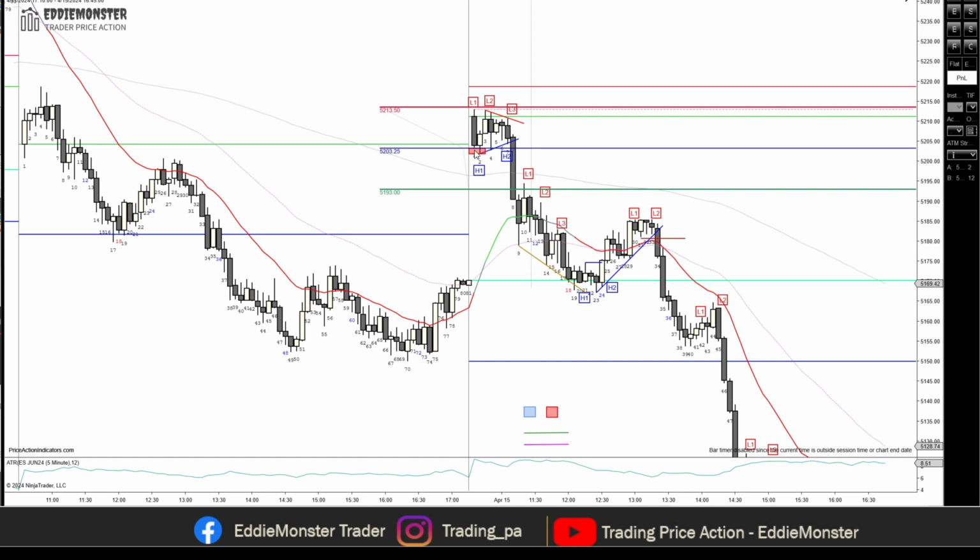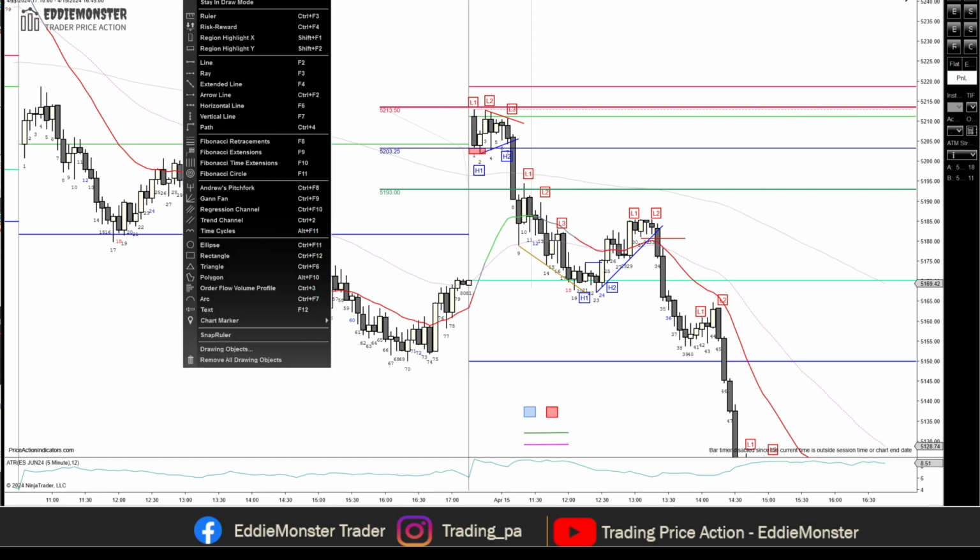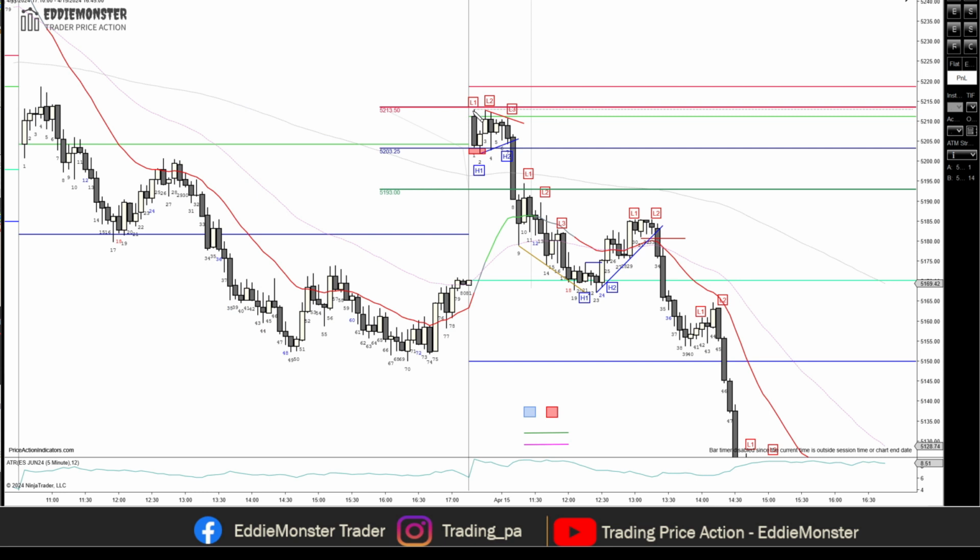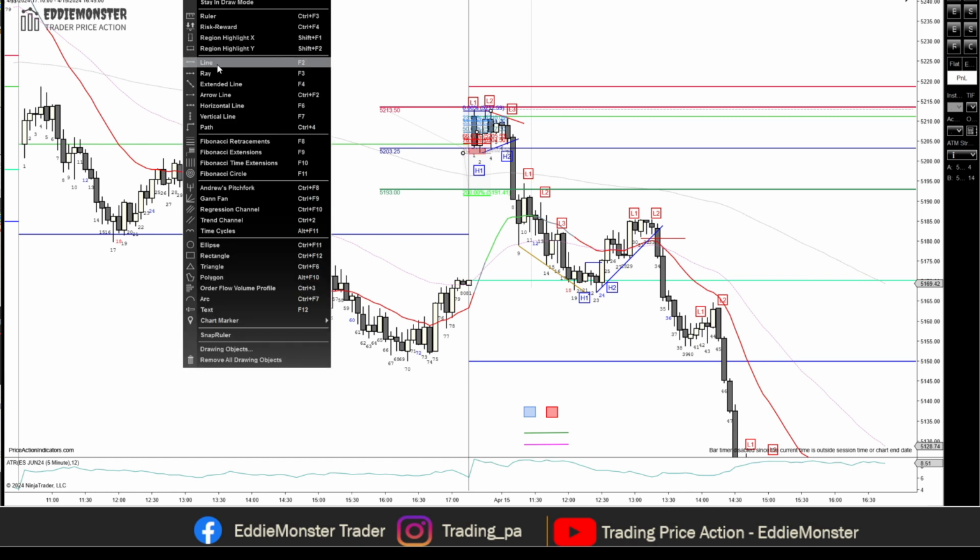And then you're looking for at least a measured move down of this. So you're looking for something like this. Let me see. Here, right here. So this is the first target that you see, this one.